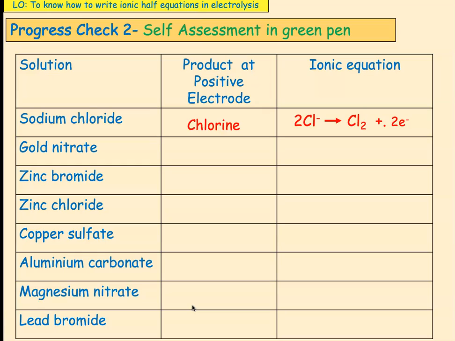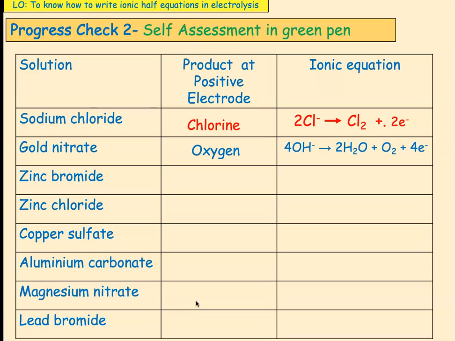Gold nitrate, that is not a group 7 ion and it is a compound ion. So we are going to make oxygen. We're going to need that very long equation. 4OH- gives you 2 molecules of water, 1 molecule of oxygen and 4 electrons.